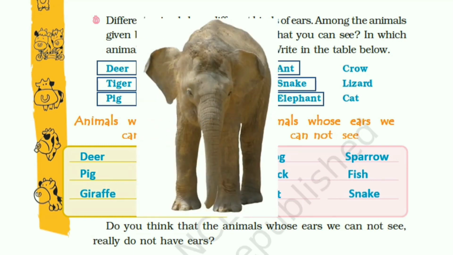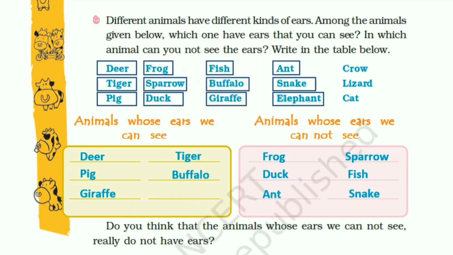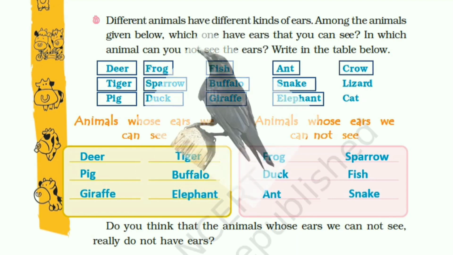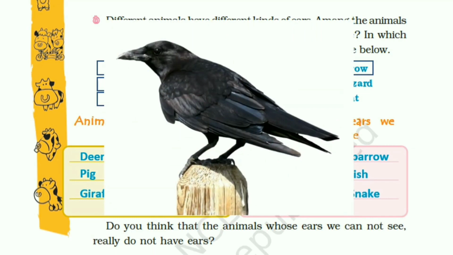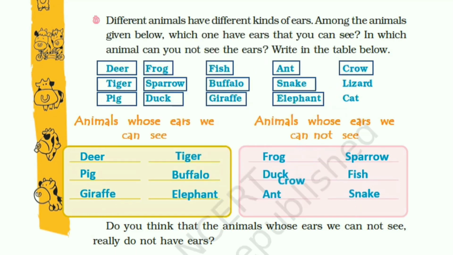It has ears, and we can see that. It goes to that yellow box, that is table number 1. Then crow. Here is the picture of the crow, and we cannot see the ears, so it goes to table number 2.